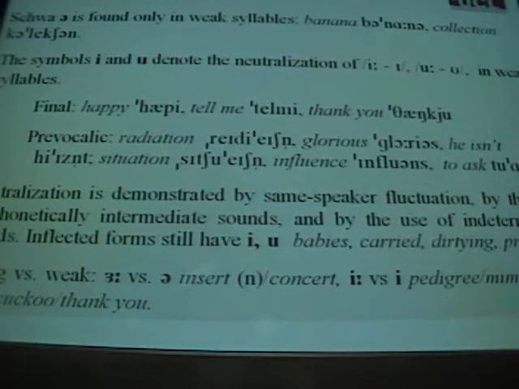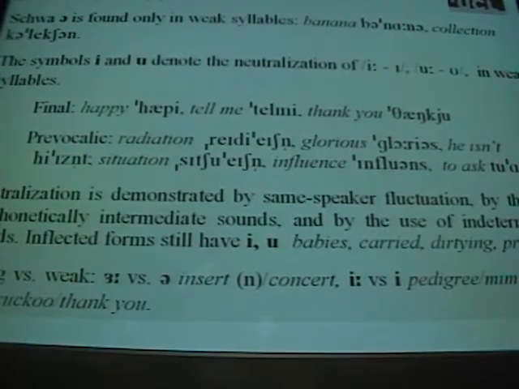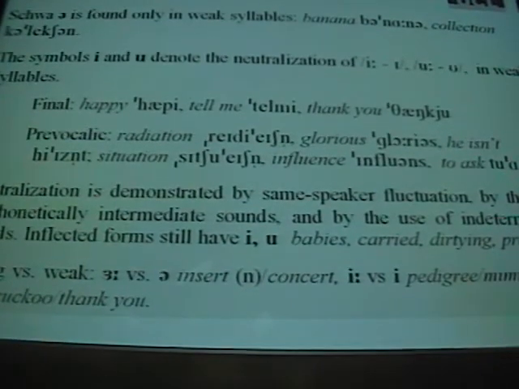So, when we insert something, the result is called an insert. Something that's been inserted has a different stress and is called an insert, but it still has ert. And you can compare that with concert, where you have the expected schwa. So there's a difference in those two vowels. One is strong, one is weak, that's the point.